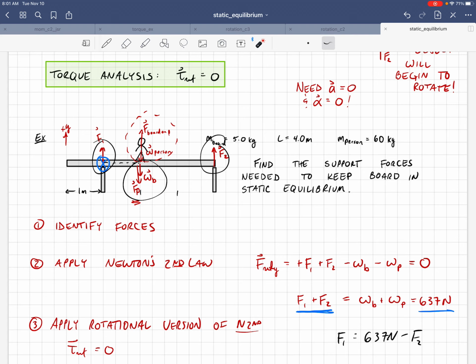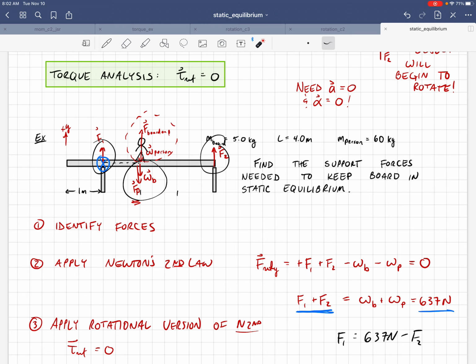Now, you could imagine if you moved this support directly underneath this location, then this support would actually be supporting the entirety of both of the weights, right? So it has to do with the location of the forces being applied to the board, and how far away the supports are.